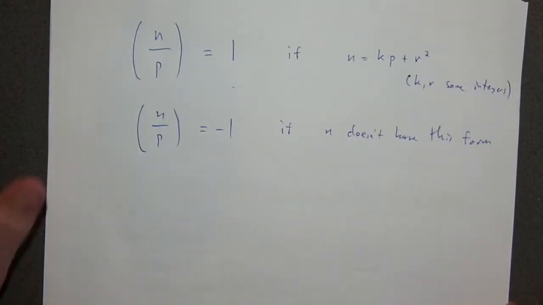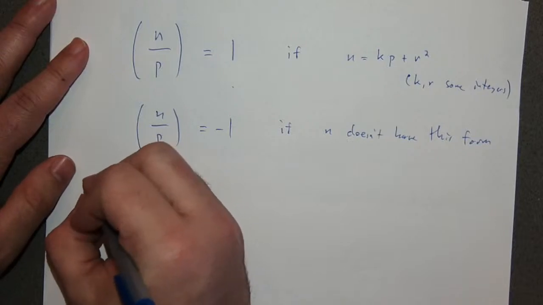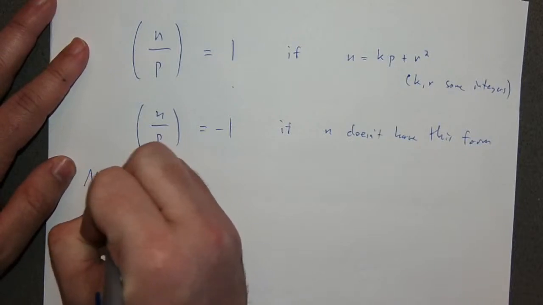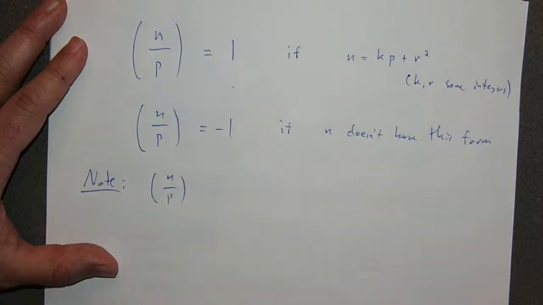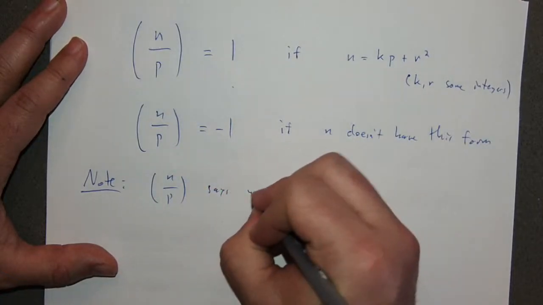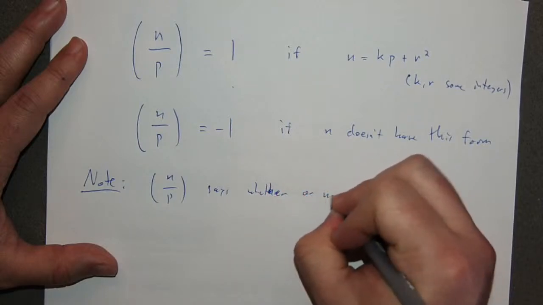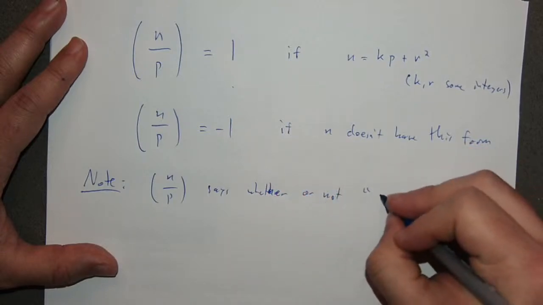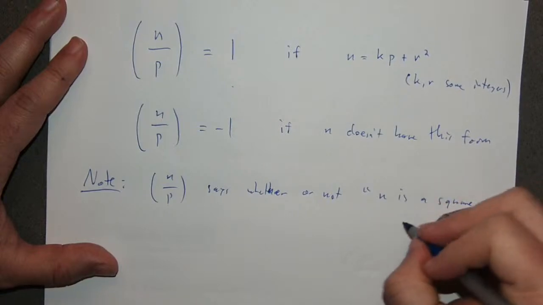Now, what does this say? Really, the Legendre symbol n over p says whether or not n is a square mod p.